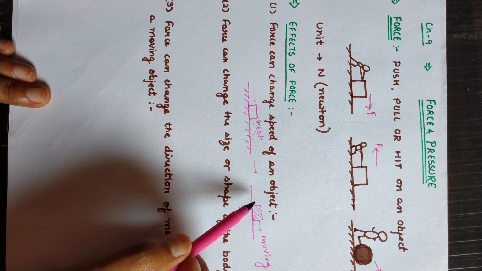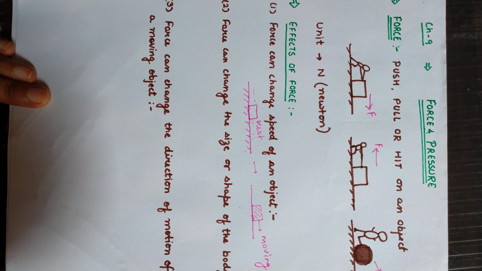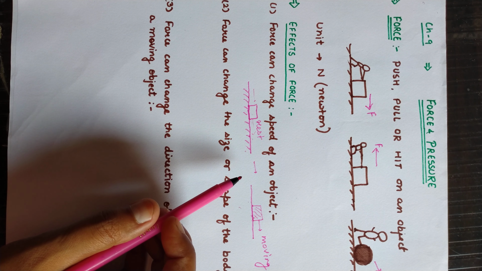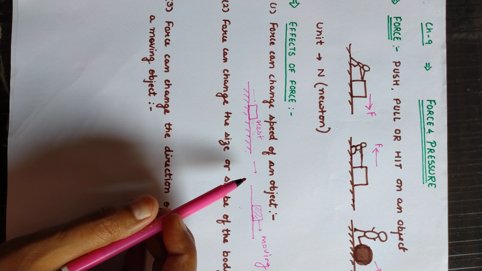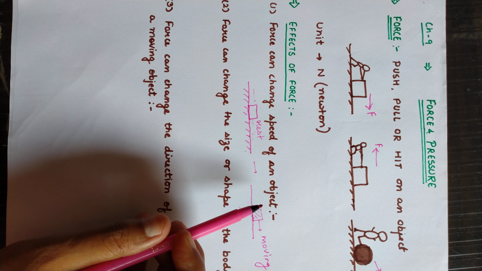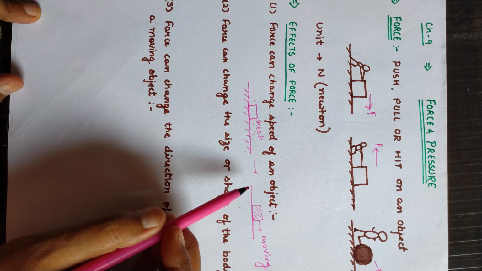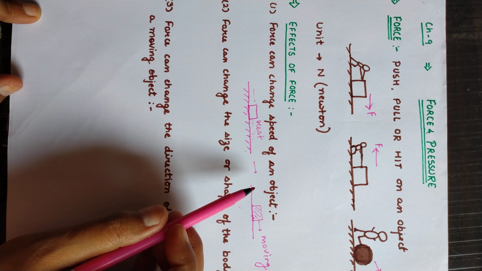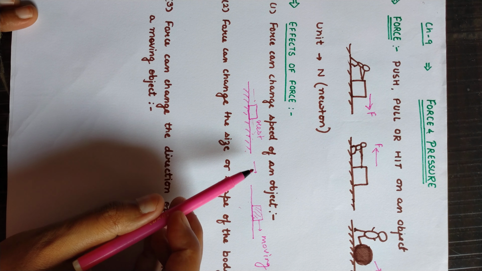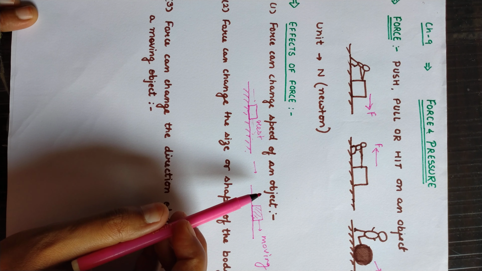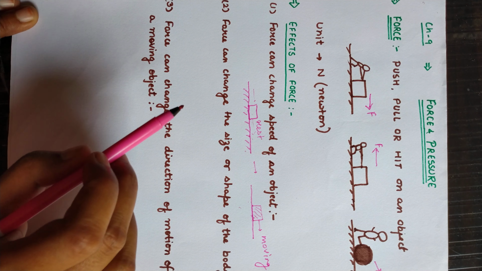So there are so many examples. Like आपने देखा होगा फुटबॉल है तो during the game a player passes the football to another with speed, so they are hitting it as well as kicking it. So the speed as well as direction get changed.